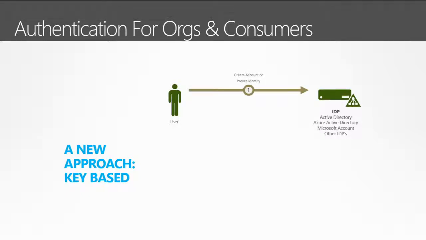So the user proves his identity. And after proving his identity, the key is generated, or a certificate is generated, with his user, and the public key is shared with the identity provider. Public key and attestation statement. Based on that, every single time the user needs to be authenticated with this identity provider, what is happening on every protocol that you know, being SAML, being OAuth, being Kerberos, the server generates a challenge.